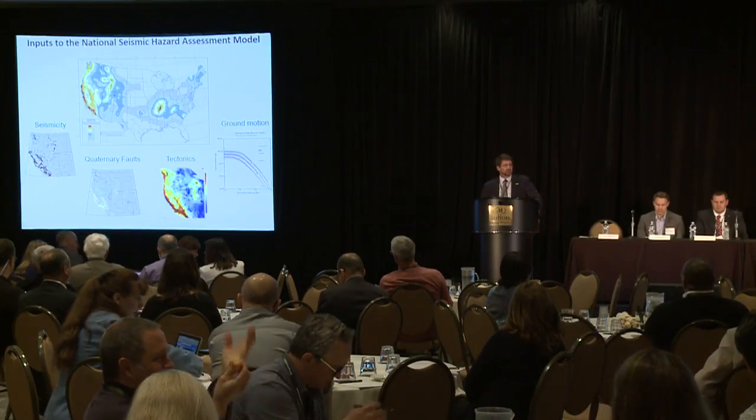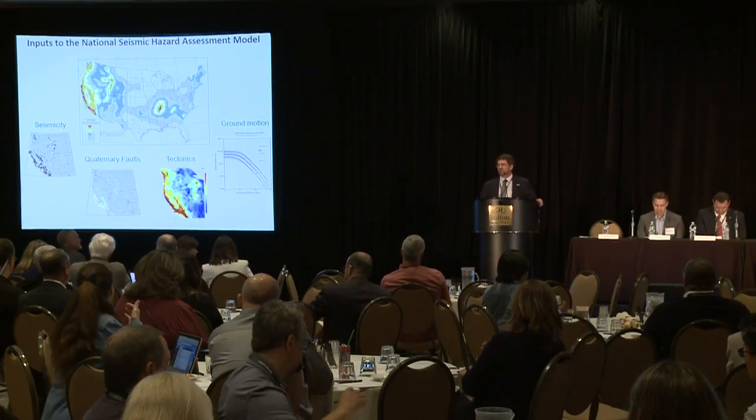We measure that primarily through geodesy, GPS, and so forth. And then once we have earthquakes, we need to be able to model how the ground motions result from those, and so we use what we call attenuation laws or ground motion prediction equations to do that, and that's what's shown in the ground motion box here.